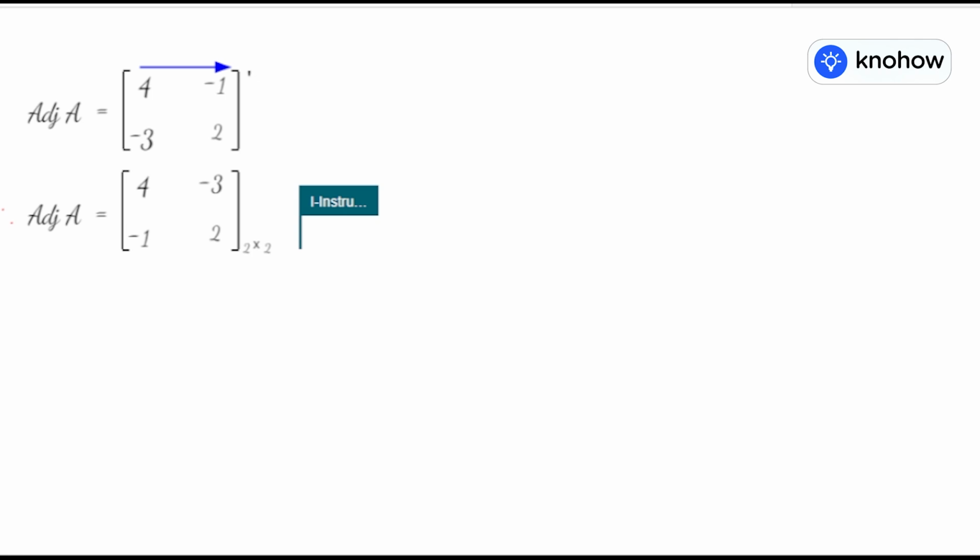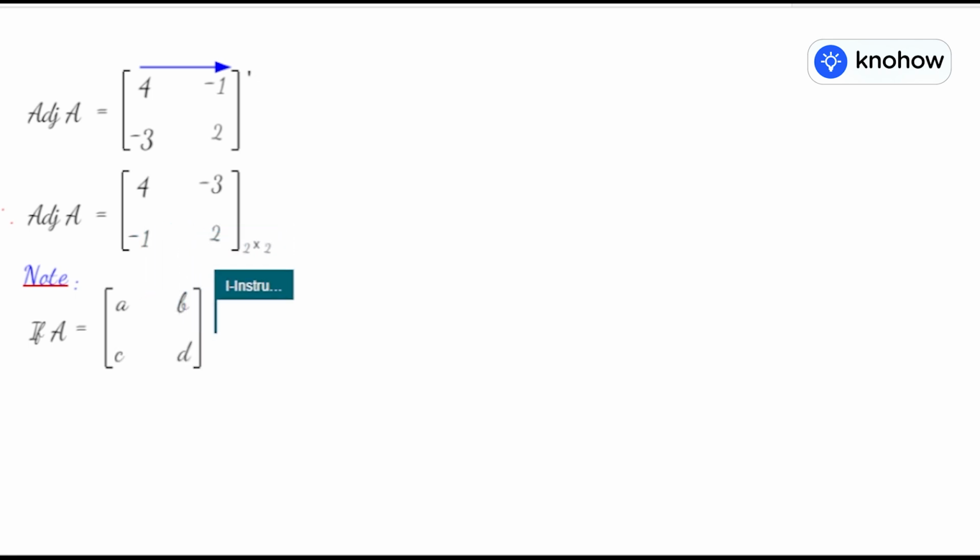For a second order matrix, we can also learn a ready-made method. Please make a note that if you are given a matrix A, B, C, D, then its adjoint, as we just worked out, is found like this.